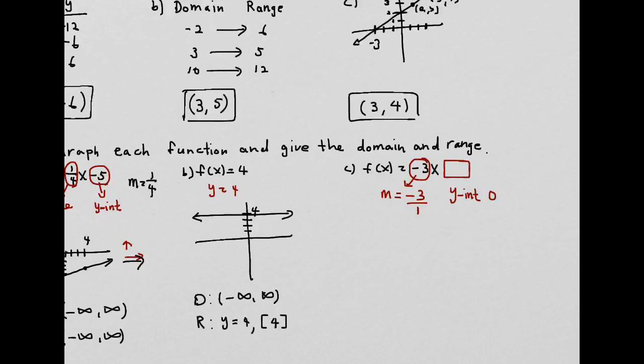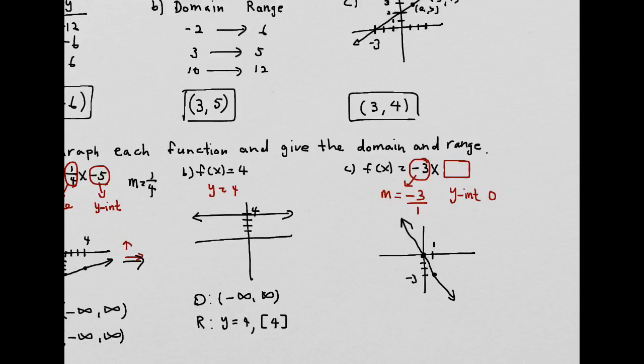So with that information, if we wanted to graph it, it will pass through 0 for the y-intercept and go down 3, because that's what your slope is saying. Go down 3 and move right 1. That will be your second point. And draw a straight line passing through those 2 points, and that will be your graph of f of x for C.